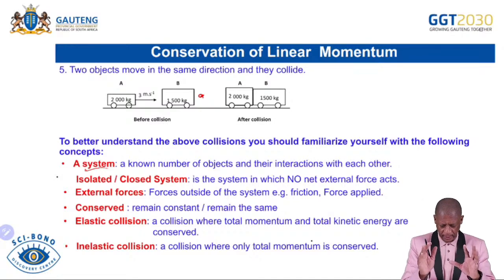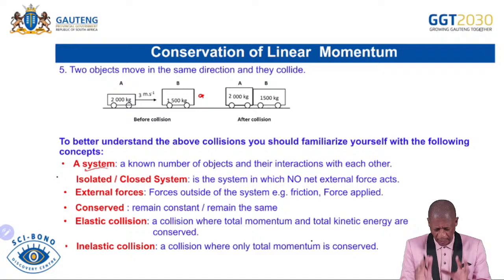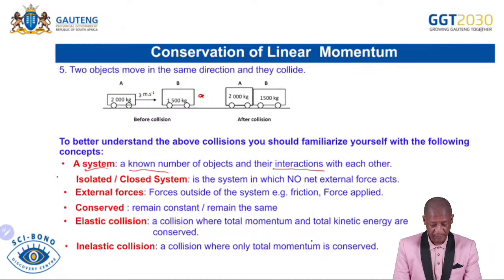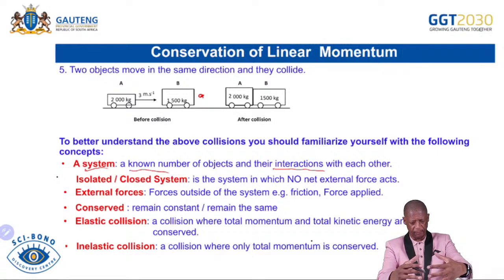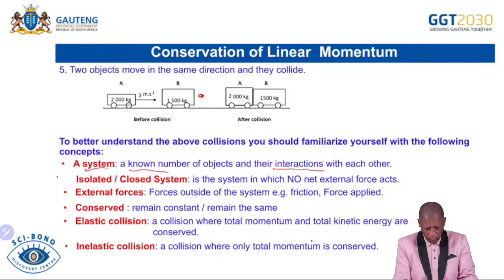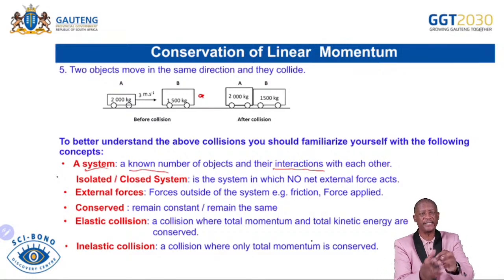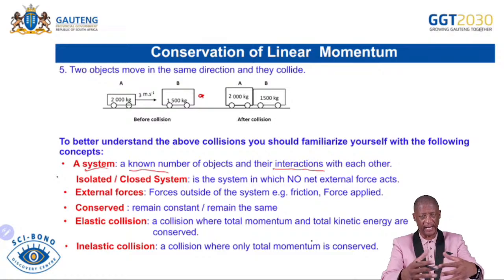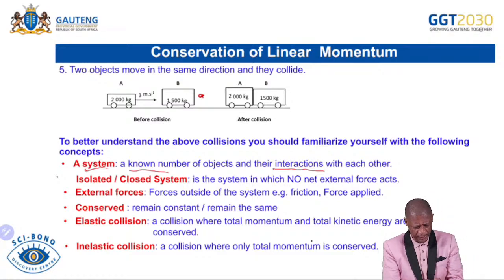It's a known number of objects and their interaction with each other. So a system is a known number of objects, and they are interacting with each other. There is an interaction between those objects, but they are in one common place.